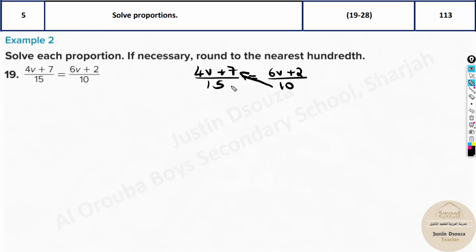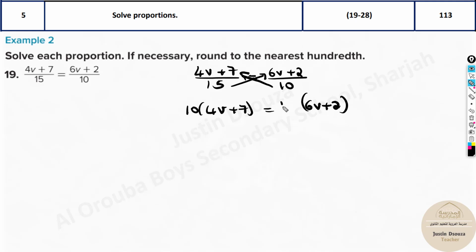This goes to the other side, and this to the other side. You're basically multiplying by 15 and 10 on both sides, and then the 15 cancels, remaining with 10, and here 10 cancels, remaining with 15. Whichever is okay. I feel that 10 will go to the other side. So 10 times the bracket 4v plus 7 equals 15 times the bracket 6v plus 2. Remember, whatever is originally there, put it in brackets. That is very important.